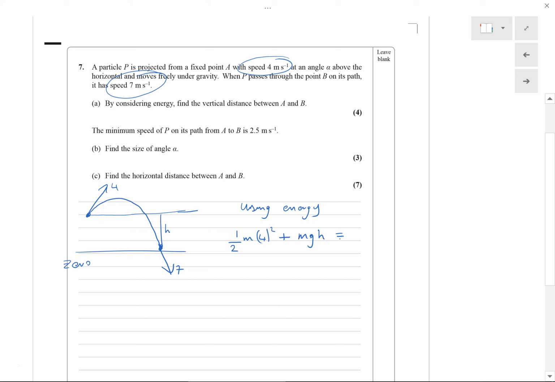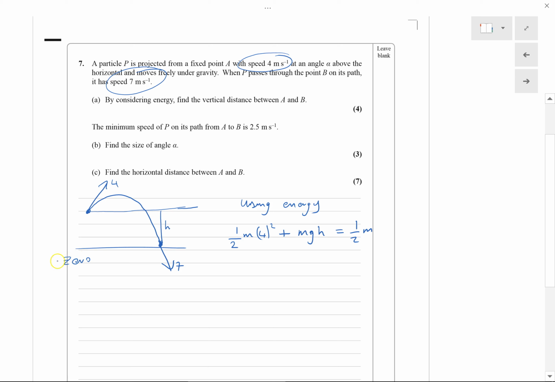And that will be equal to the kinetic energy at the end, because I'm making this my 0 at the bottom here, so it's having no gravitational potential energy at that point.